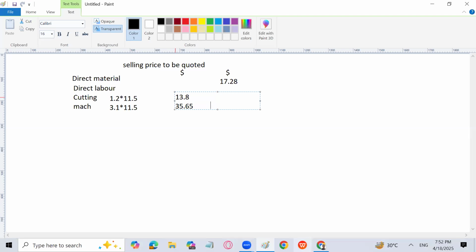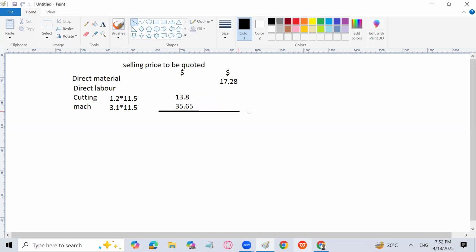The total labor cost we will find by adding both of them, which is 49.45. So this is going to be 49.45.